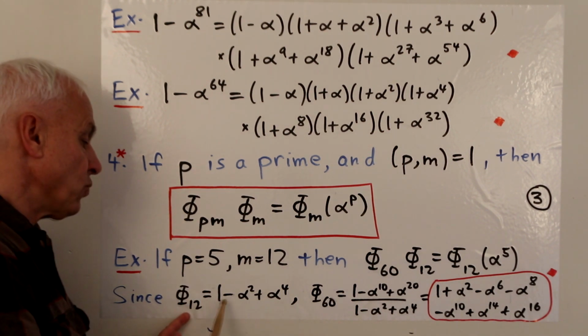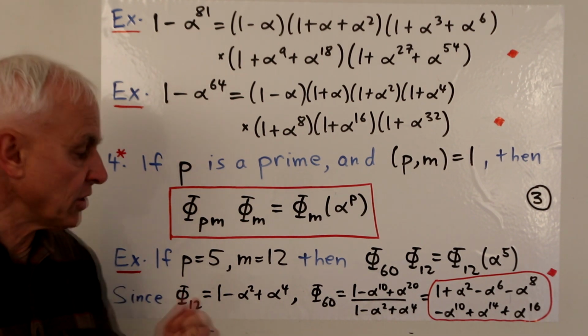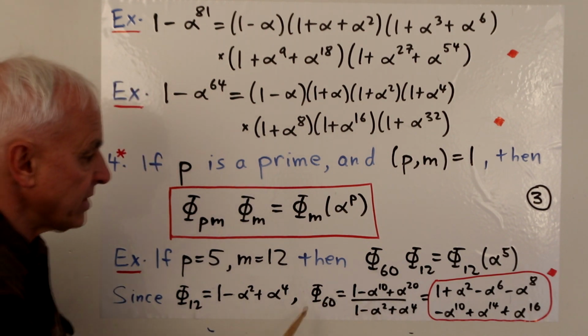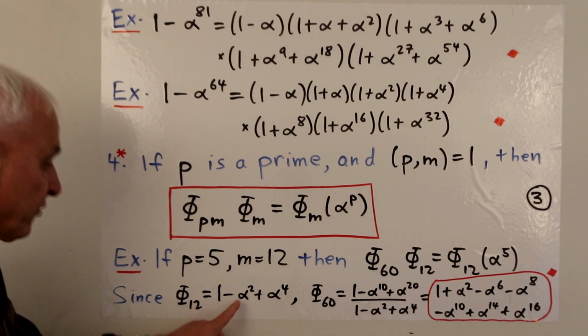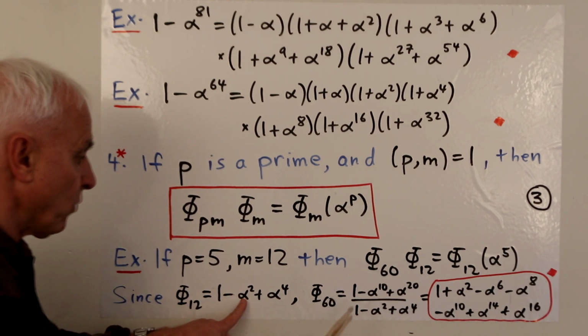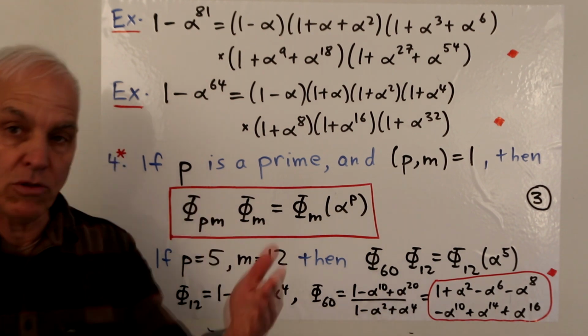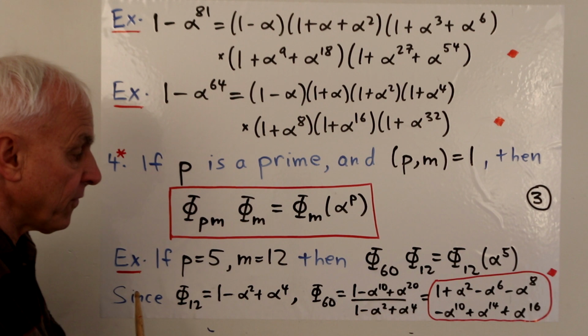Here it is here. It's 1 minus alpha squared plus alpha to the 4th. So if we solve for phi sub 60, we see that it's phi sub 12 at alpha to the 5th. So we have to replace alpha with alpha to the 5th. So we get 1 minus alpha to the 10 plus alpha to the 20 in the numerator. And in the denominator, just phi sub 12.